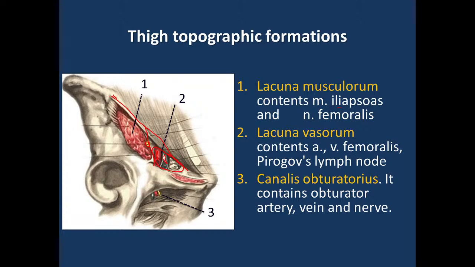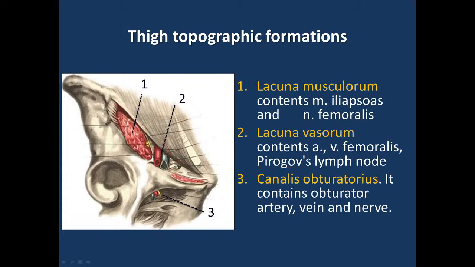Medially in the lacuna vasorum we find one lymph node. Sometimes it is a group of nodes, but we call them Pirogov's nodes because they were first described by the famous Russian surgeon Nikolai Pirogov.